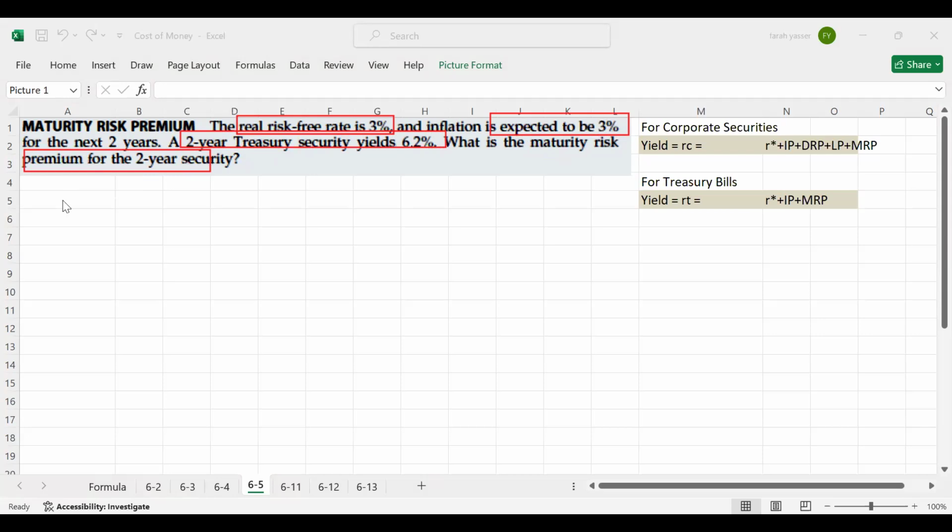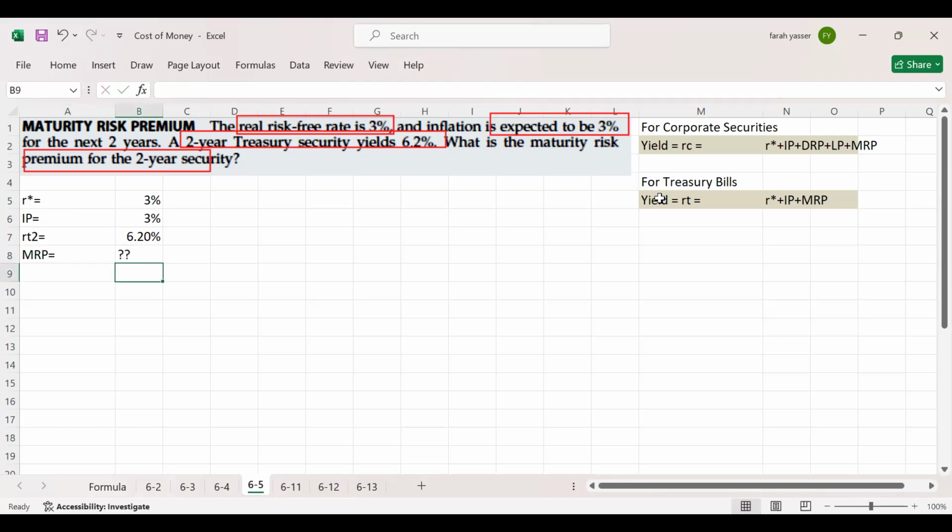In simple words, R star is 3%, then IP, average inflation, is 3%, then the yield on the 2-year treasury, RT, is 6.2%. And what is not given? The maturity risk premium is not given. We will have to find it out.